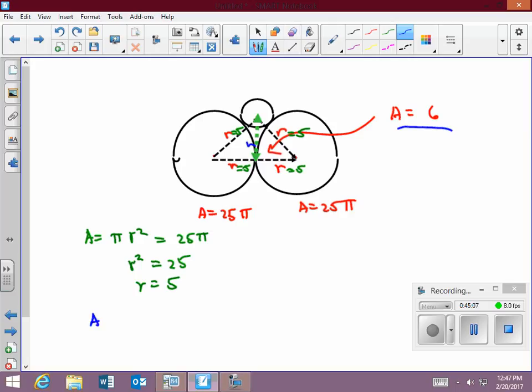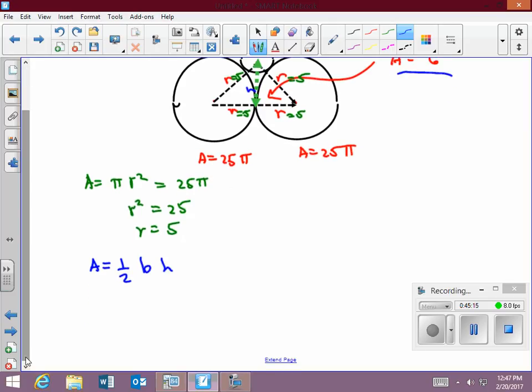That's a triangle, and that's 1/2 of the base times the height. In that equation, I have 6, 1/2, the base is 10, and the height is h.